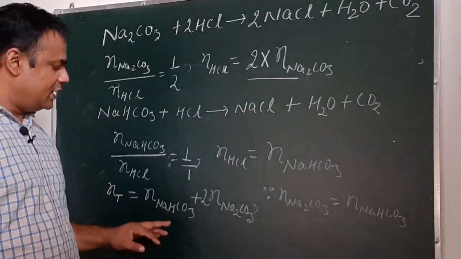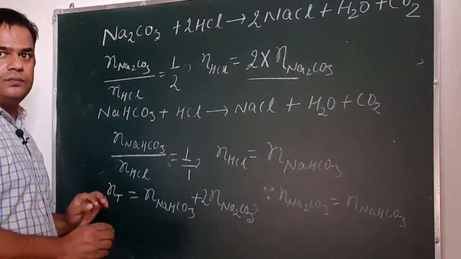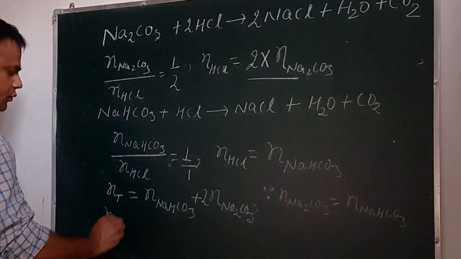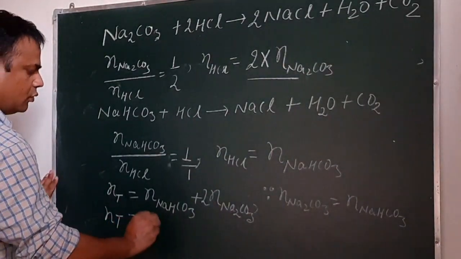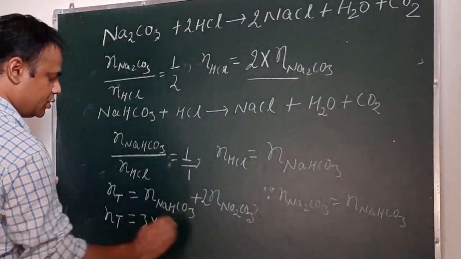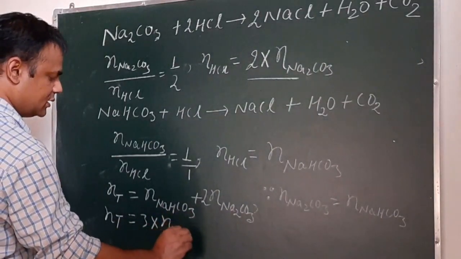So from here we can write N total equals 3 into moles of Na2CO3, sodium carbonate.